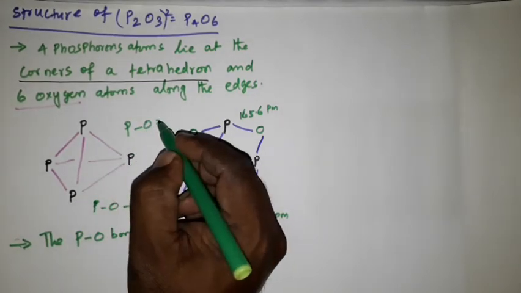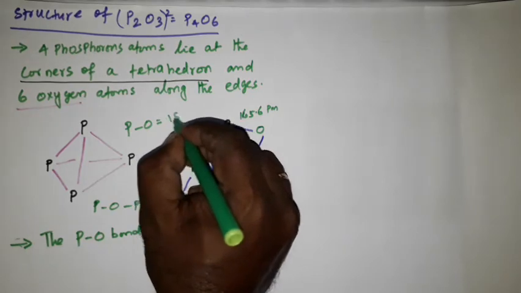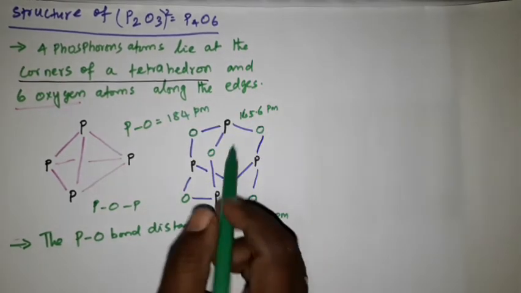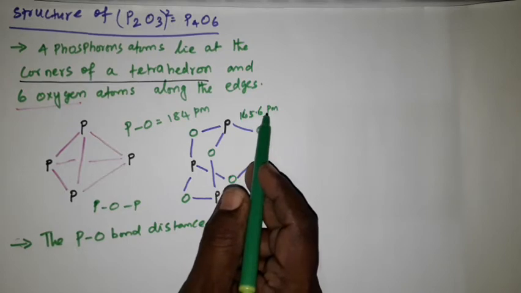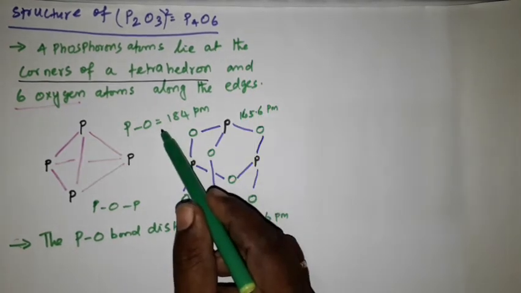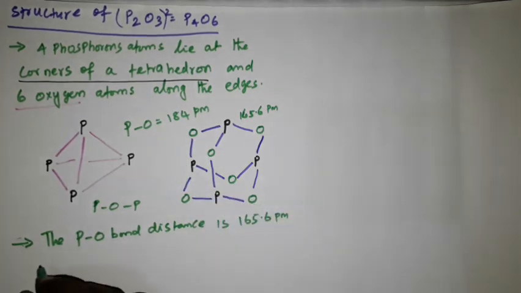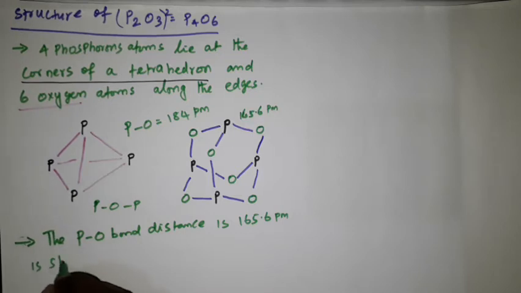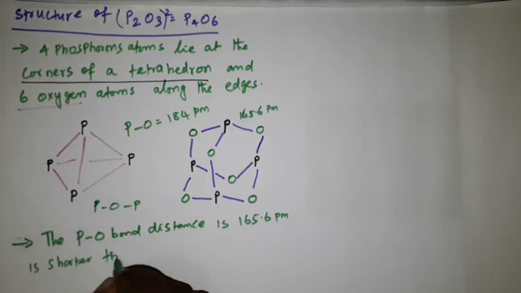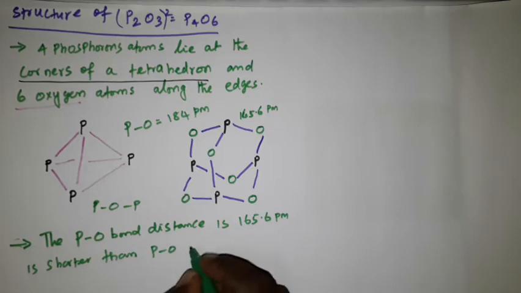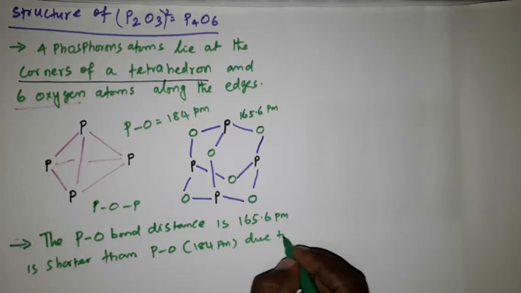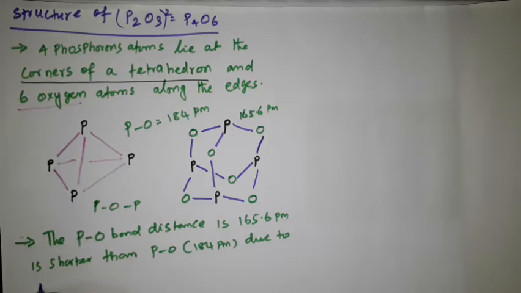bond distance must be 184 pm, but here you see 165.6 pm. So it is shorter than the actual bond distance. The reason is that this is due to p pi and d pi bonding.